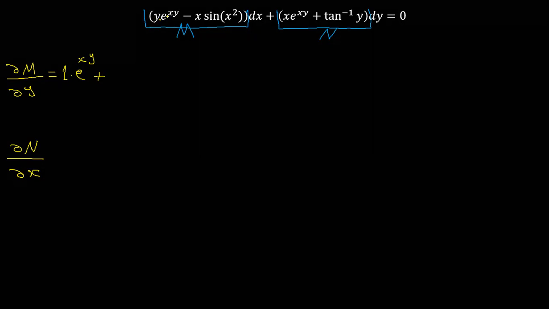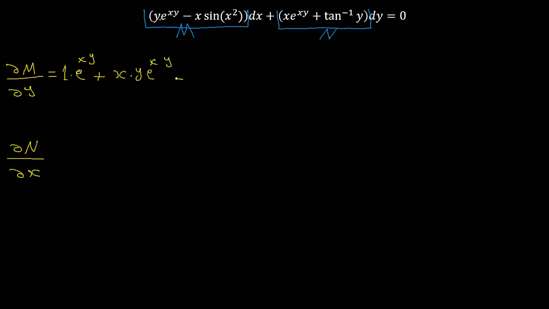Now my second function is exponential, and to find the derivative of the exponential, I need to differentiate its power. My power now is x times y. The differentiation of x times y with respect to y is x. So I write x here, times y, which is the first function, times e to the xy.